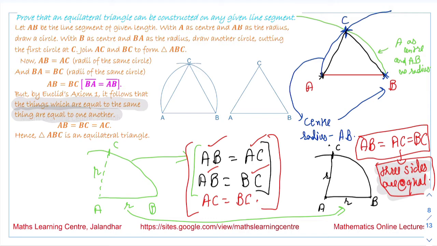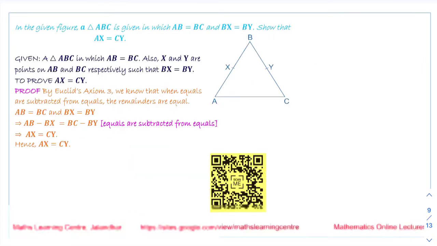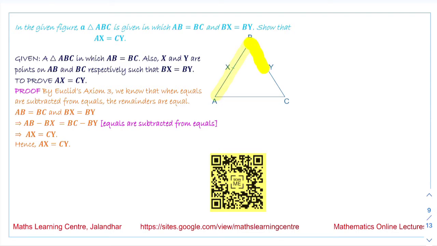Now in the next question we have a triangle ABC in which it is given that side AB is equal to BC, and the second thing given is that BX is equal to BY.